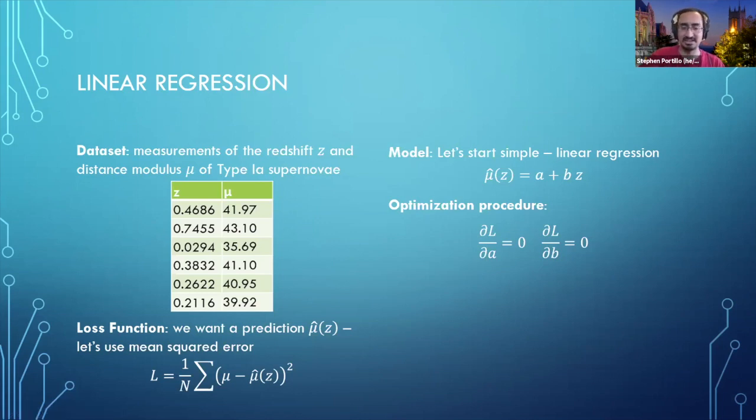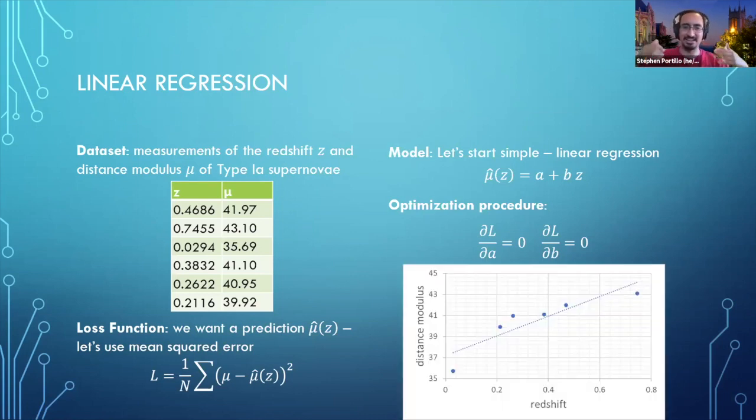And that tells us we've got a minimum of the loss function. In a lot of detail, Josh showed us this is his maximum likelihood estimation of a straight line, ignoring the errors.